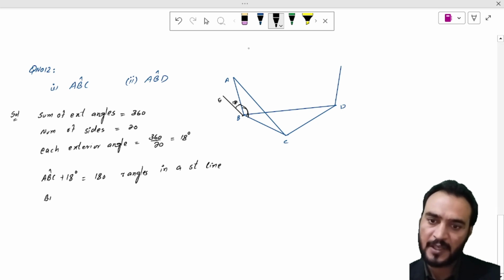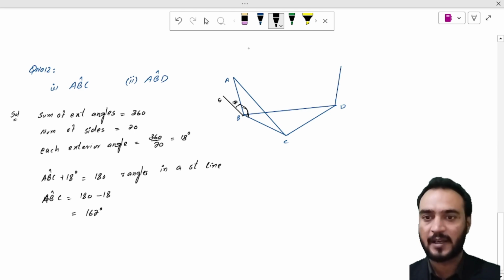So ABC is equal to 180 minus 18. Subtracting 18 from 180, we get the angle ABC, that is 162 degrees. So this becomes the angle ABC.